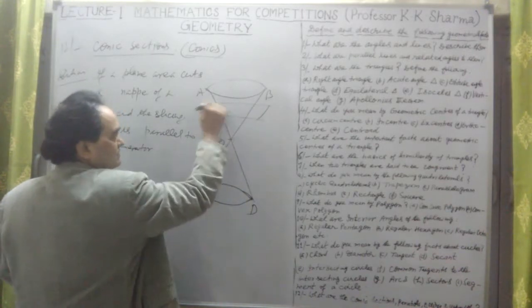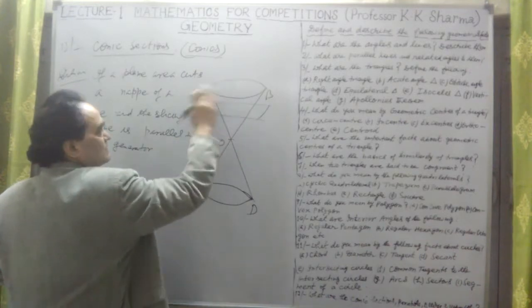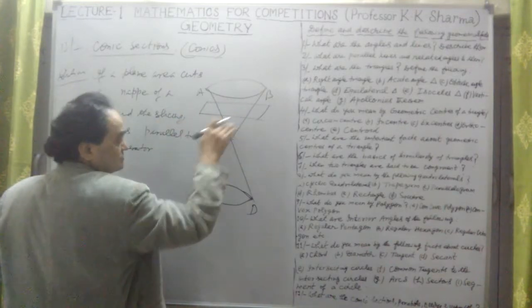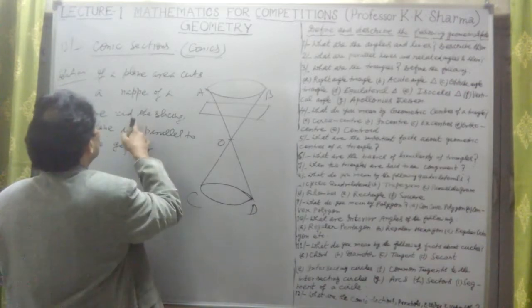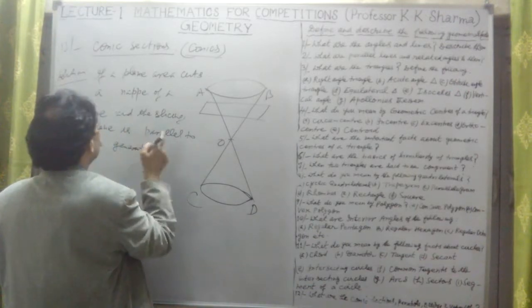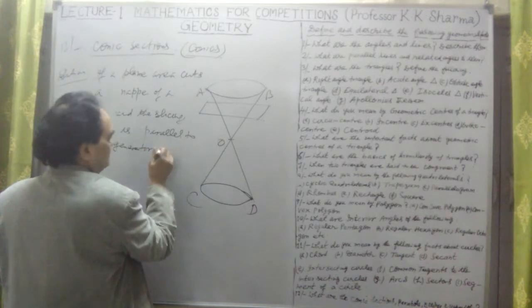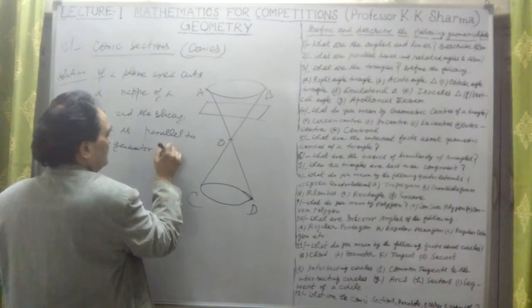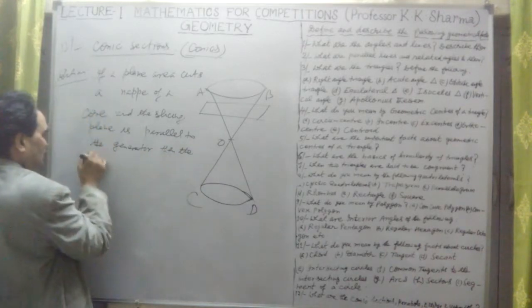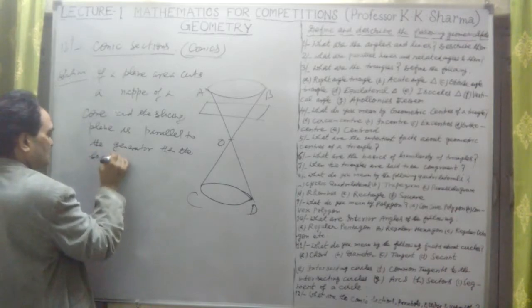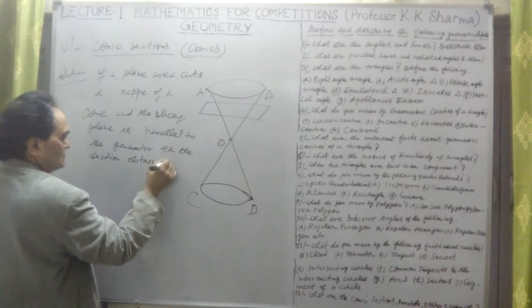Okay, so this plane area is cutting the slice of the nappe of the cone, and the slicing plane is parallel to the generator. Then the section obtained will be a parabola.